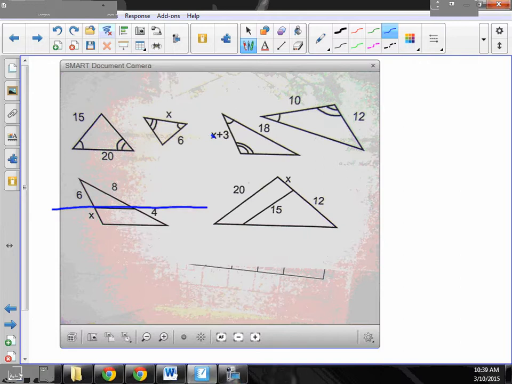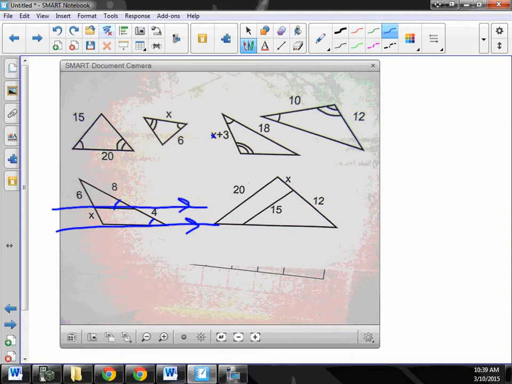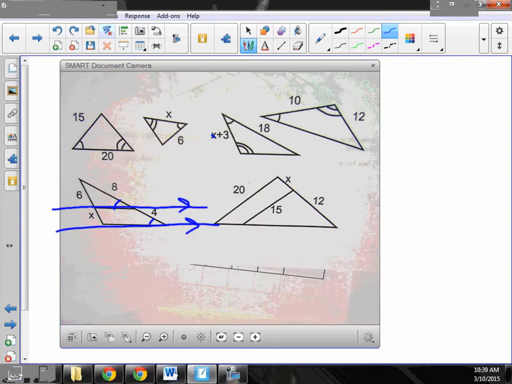If I extend these out, and I say that they are parallel, how would you describe those two angles? They're corresponding. So if the lines are parallel, then those two angles are the same. What other angle? We have to have angle in order to guarantee similarity.